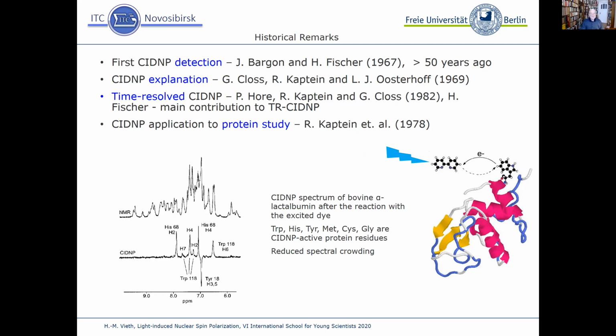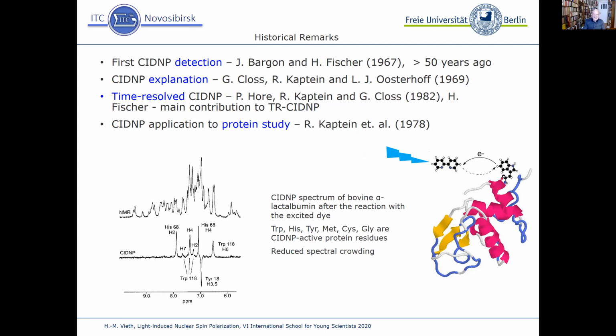I will come to that later because it's a very important step. And first applications to proteins were done by Robert Kaptein. Here, for example, we see the CIDNP spectrum below the NMR spectrum of bovine lactalbumin.